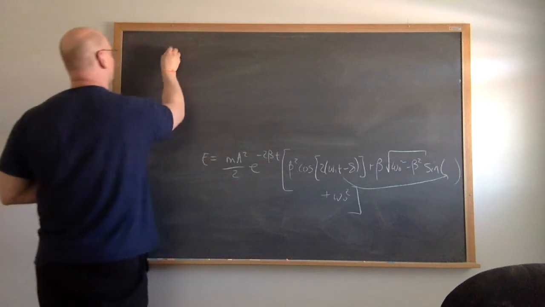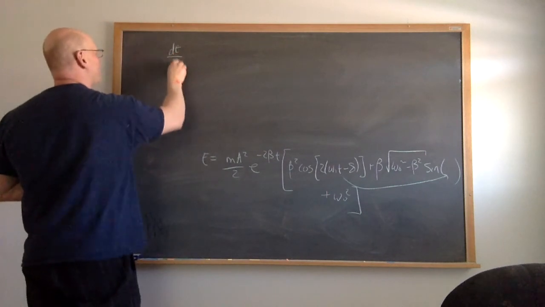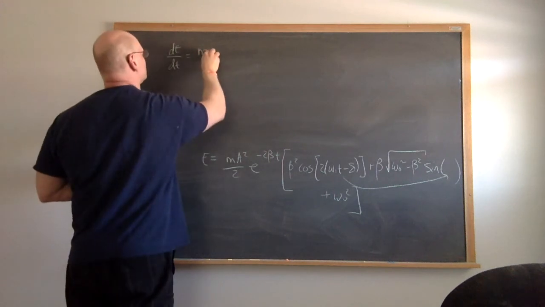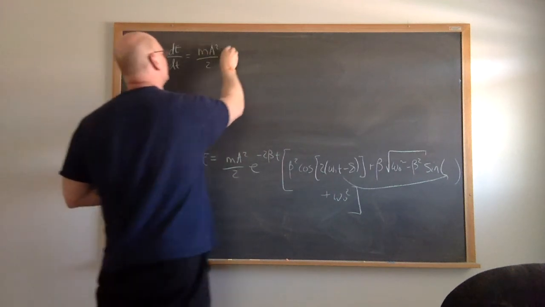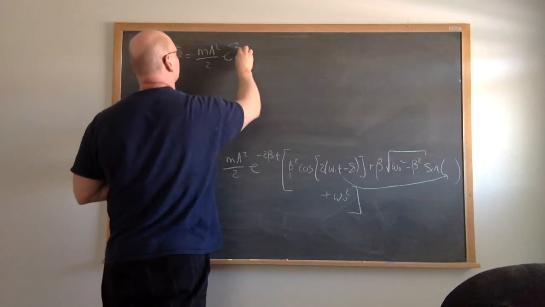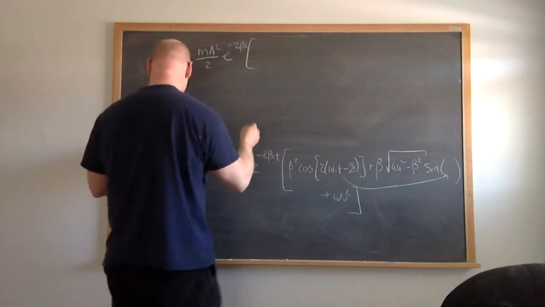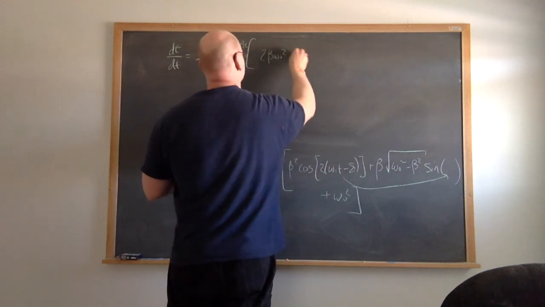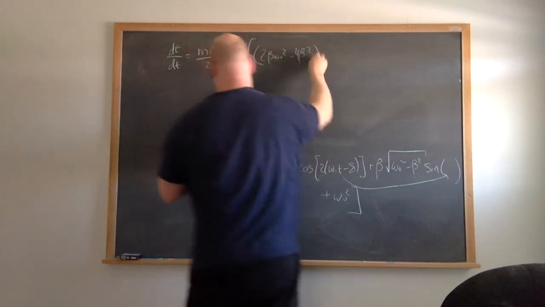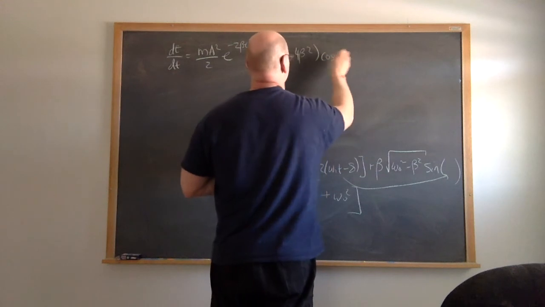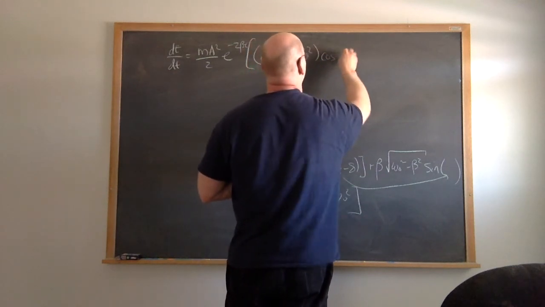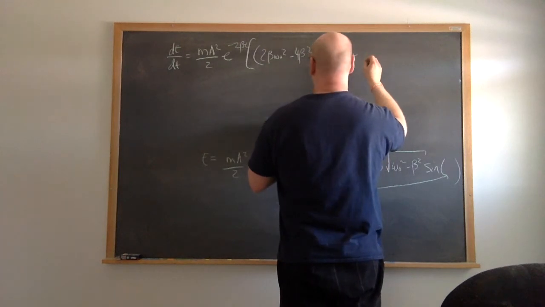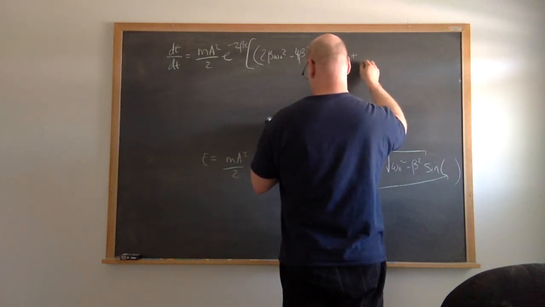So if we do that, we find that the rate of change of the energy is equal to, so it's a little bit longer expression, the mass times the amplitude squared divided by 2, e to the minus 2 beta t, times 2 beta omega 0 squared minus 4 beta squared times cosine of, let me call that alpha, plus, where am I?